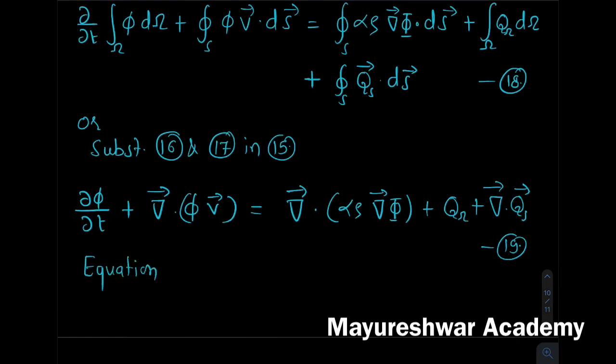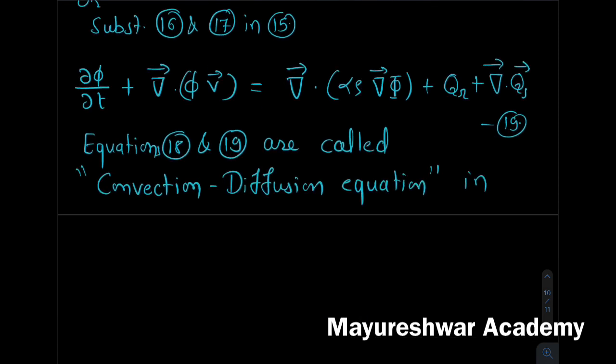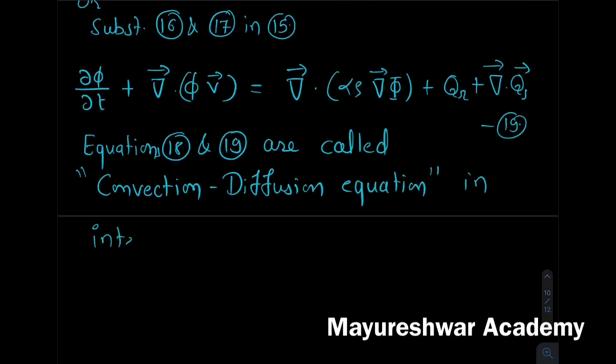Now these equations 18 and 19 are called the convection diffusion equation, in integral and differential form respectively.